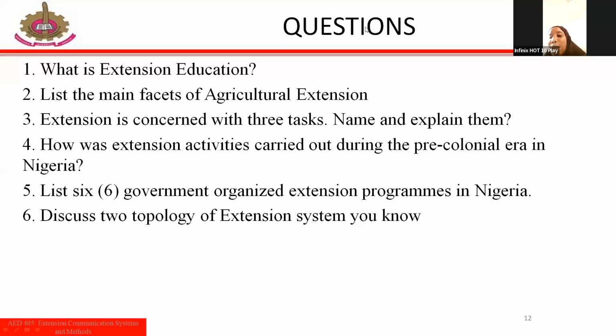These are carried out in an informal atmosphere with adults as the main audience.